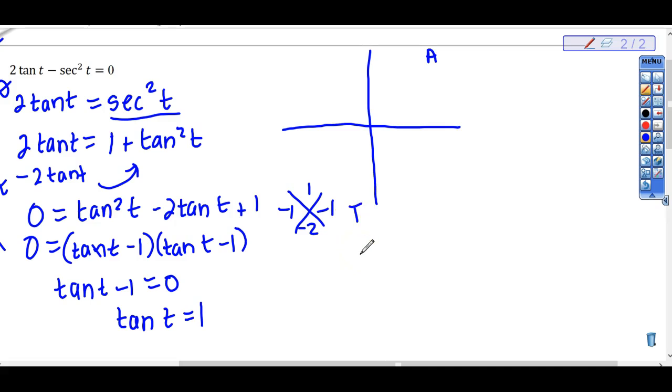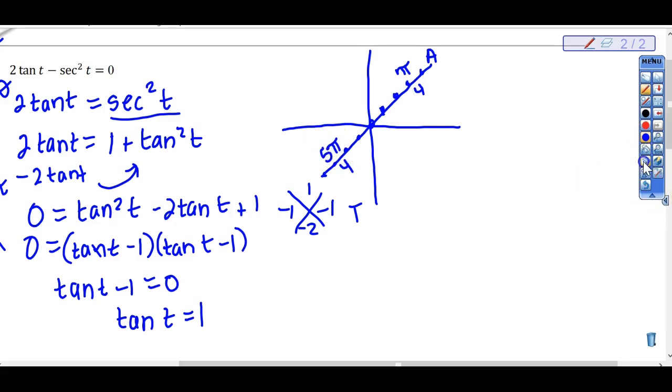Also, tangent of t equals 1, and 1 is the slope of the line for tangent. So from 0, 0, I'm going up 1, right 1. What angle am I on? The 45 degrees, or pi over 4. So here's pi over 4, and over here you're at 5 pi over 4.